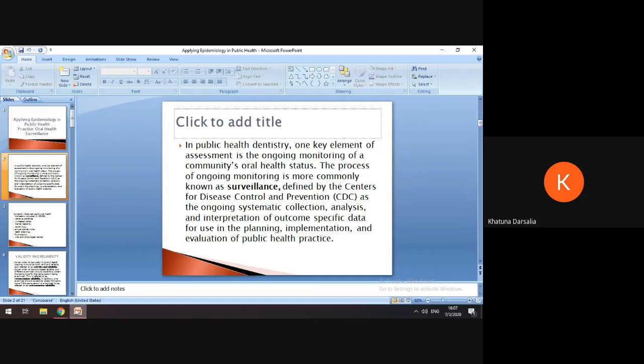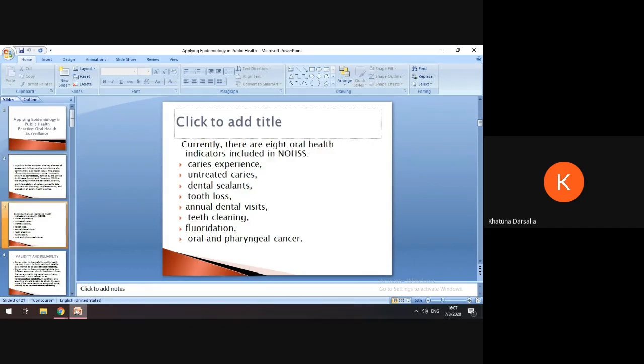So, for an oral health surveillance system to be comparable between local, state, and national jurisdictions, it must be based on uniform data standards and measurements.